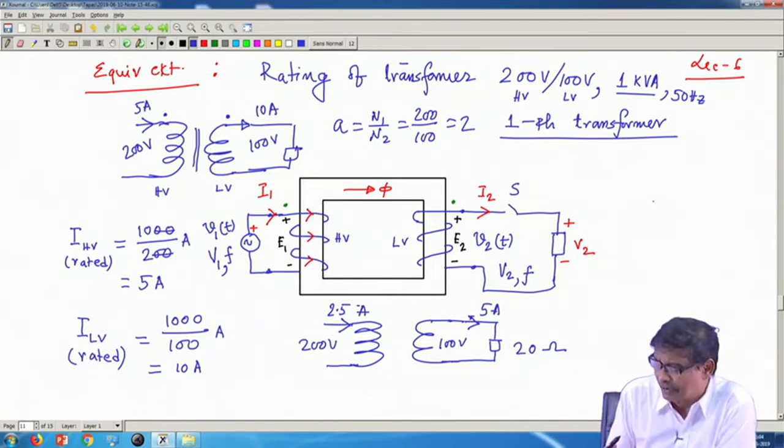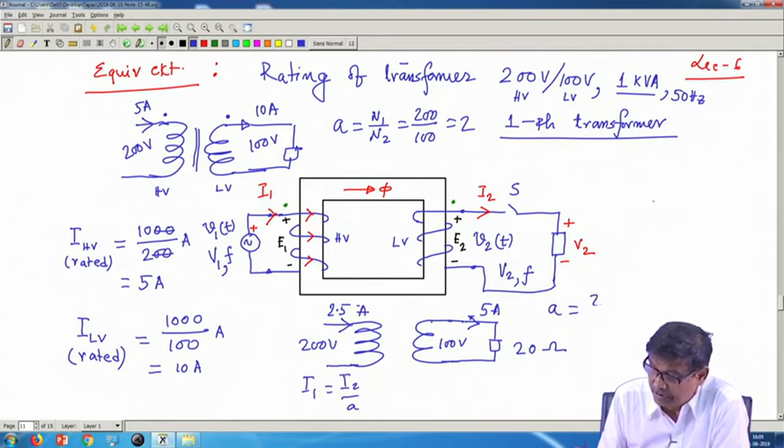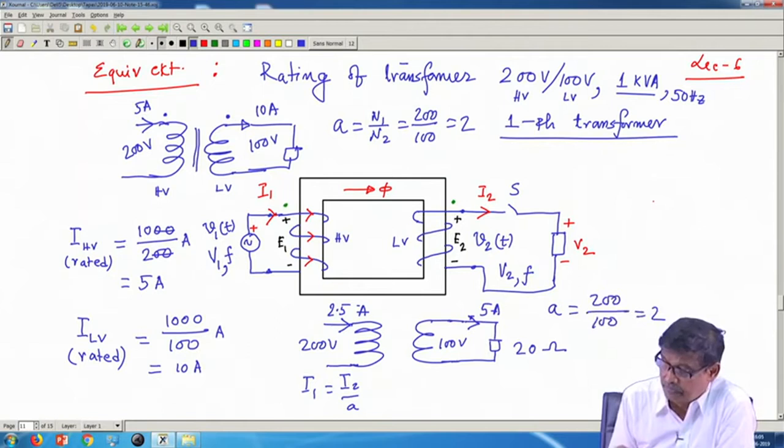You have connected 20 ohm, this current is 5 ampere, and the HV side current is always I1 equal to I2 by a. Here what is a? a is 200 by 100, which is equal to 2. So the current will be reduced by a factor of 2 and so on.